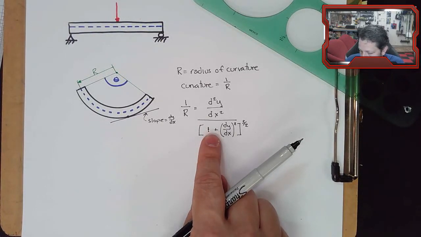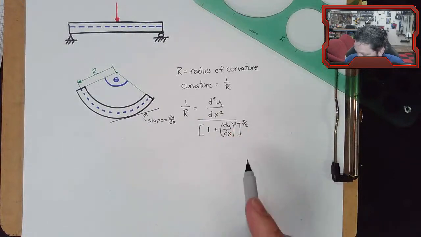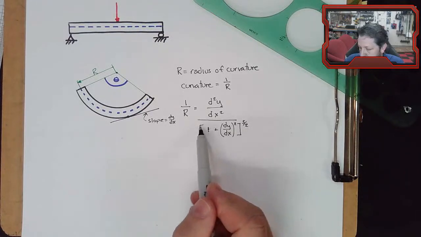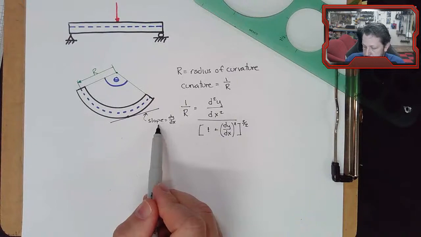But then I take that 1 and raise it to the 3/2 power, and it gets even closer to 1. So this whole denominator is more or less 1 as long as this slope is small.